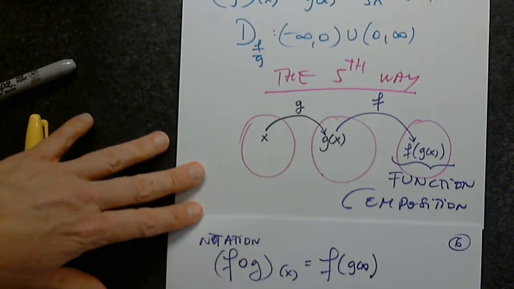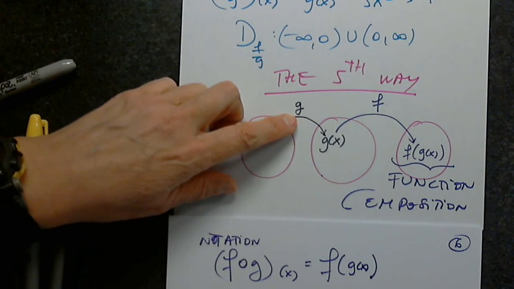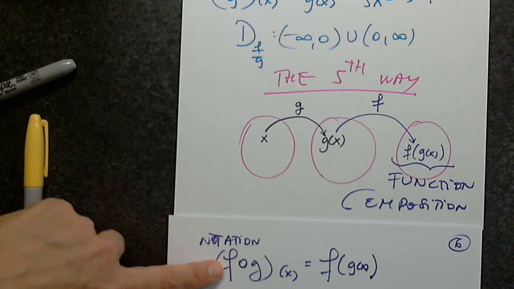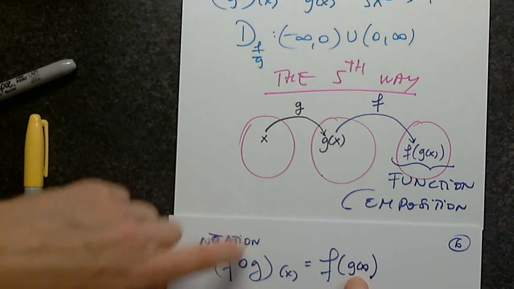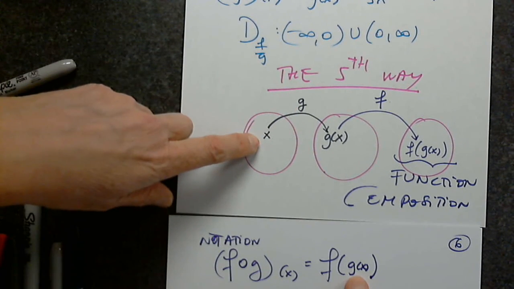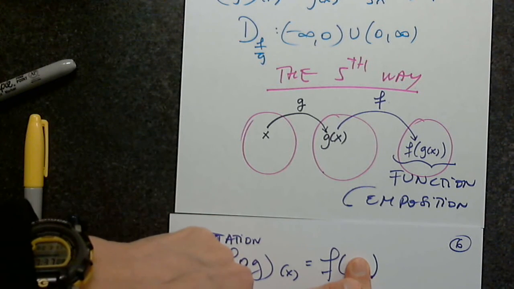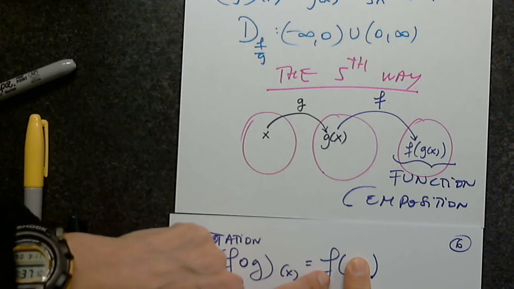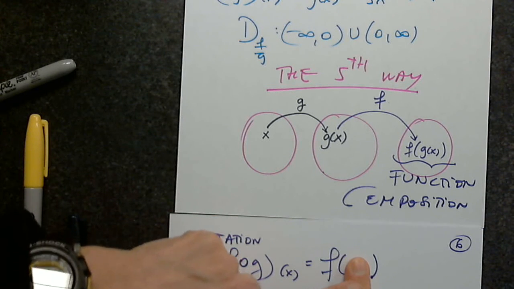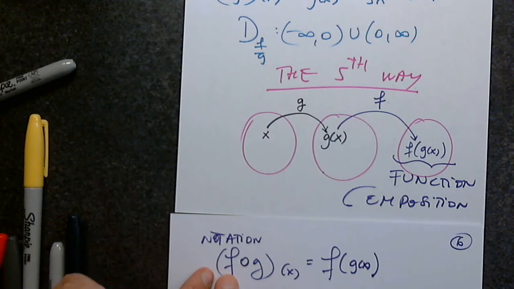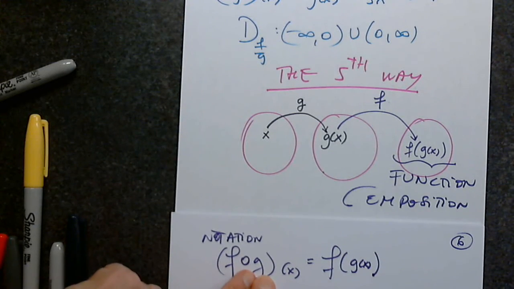So you can say, wait a minute, you started with g and f was applied later, but you put f in front. Right. Here's why. Because first I apply g to x. This is the so-called inner function. Then I apply f to this number, which makes this one the outer function. Outer, inner. Yes?